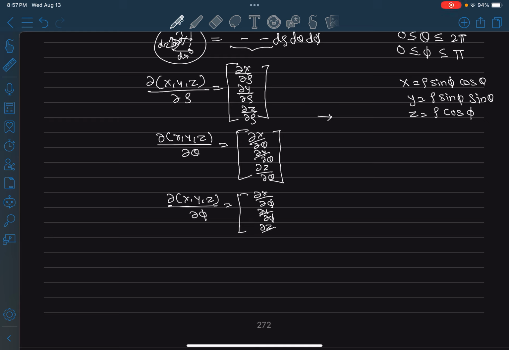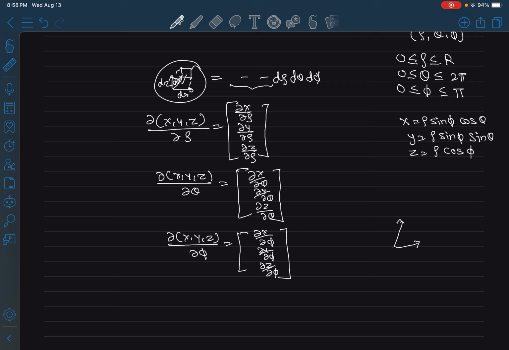Now, if you have that, so this is the change created by a small change in rho, this is the change created by a small change in theta, and this is the change created by a small change in phi. So now you actually have the amount of change in volume created by small changes in rho, theta, and phi, right?